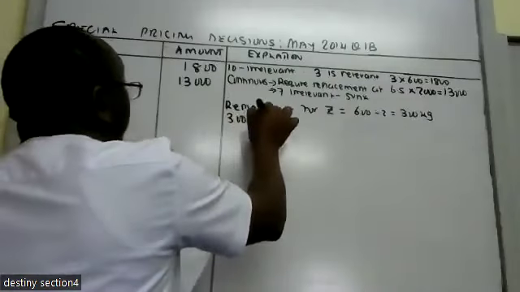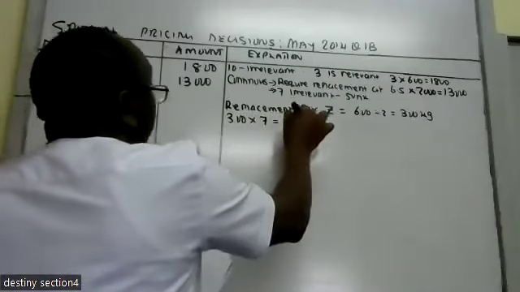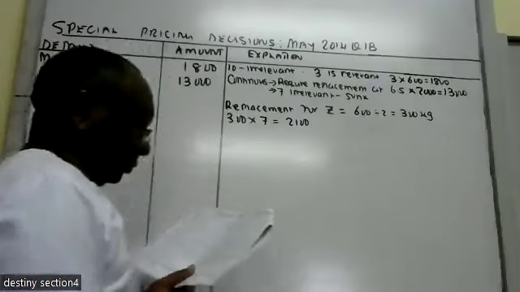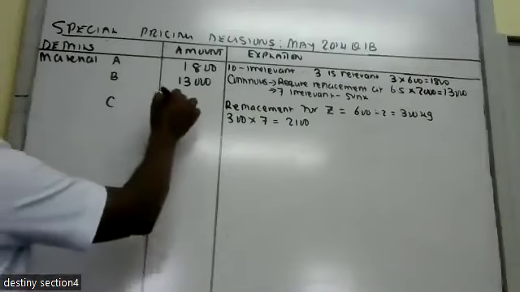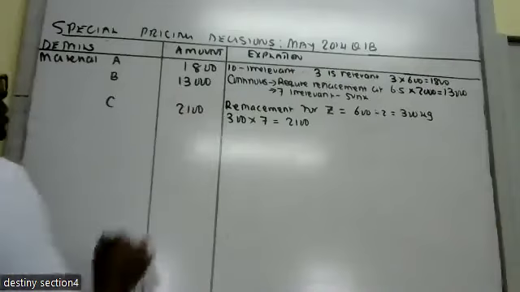Material Z 7. So that will be 2100. Sawa. Haya, so kuja hapa uweke 2100 kwa C.